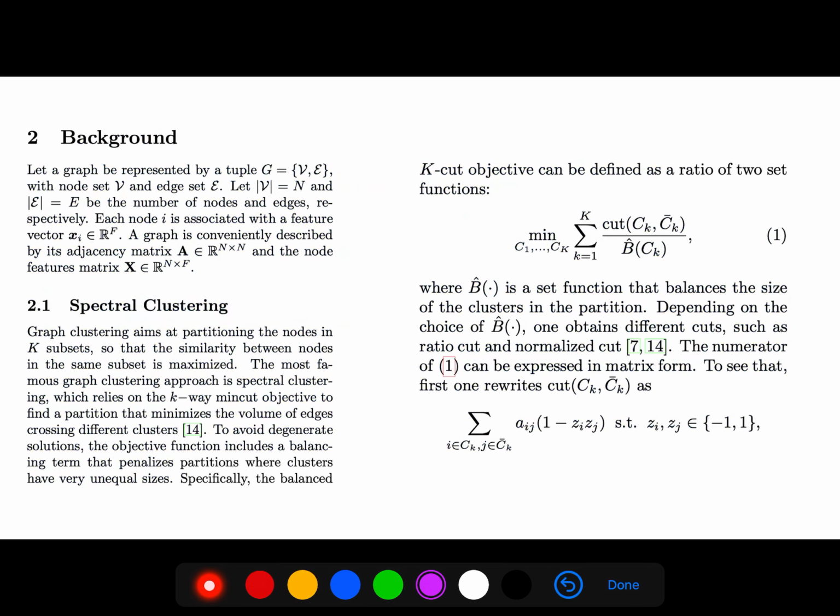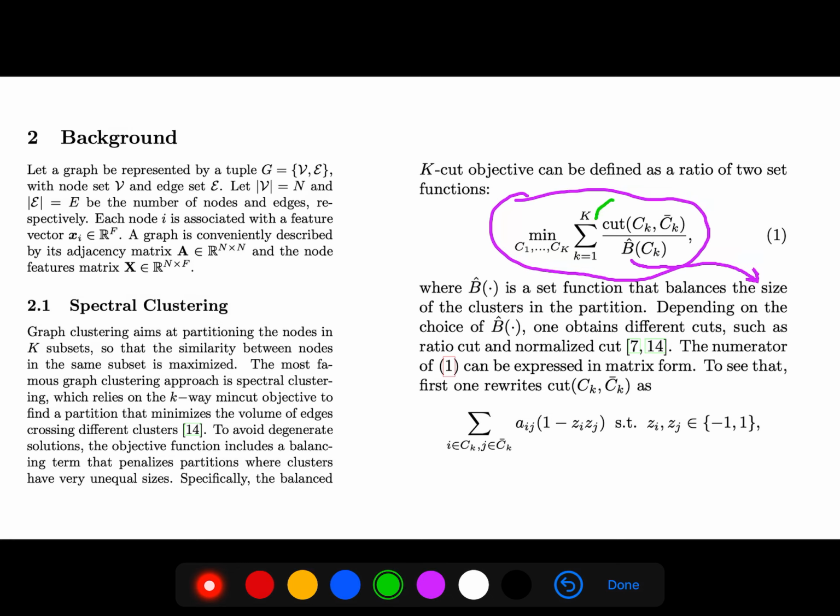So you know about spectral clustering that this balanced K-cut objective is just a ratio of two set functions. So B hat is a set function that balances the size of the clusters in the partition. So depending on the choice of B hat, one obtains different cuts such as ratio cut and normalized cut.